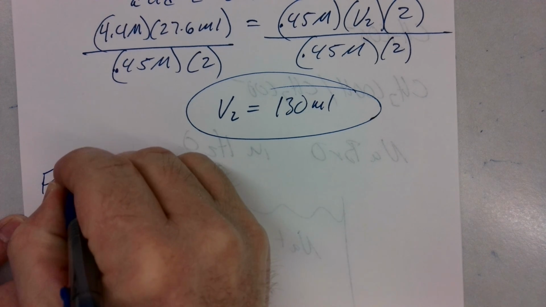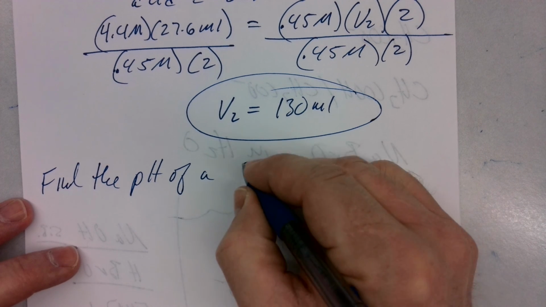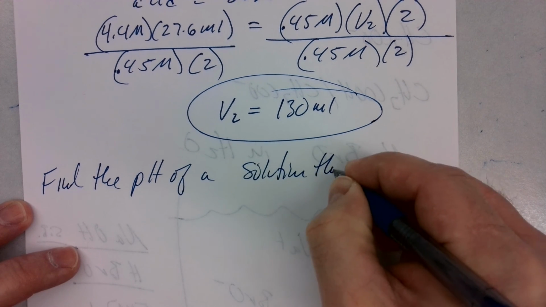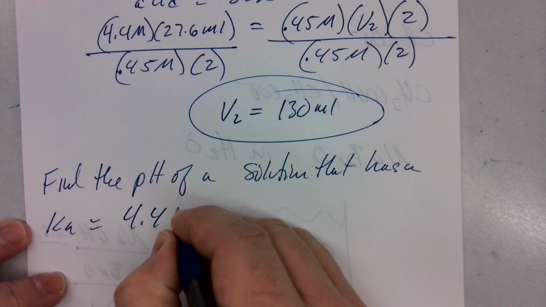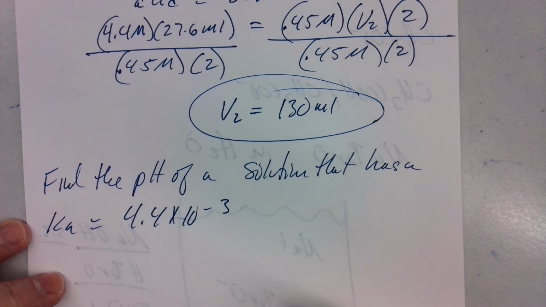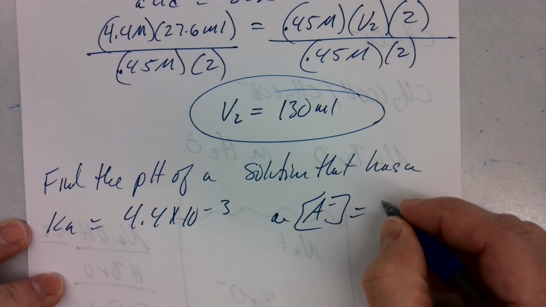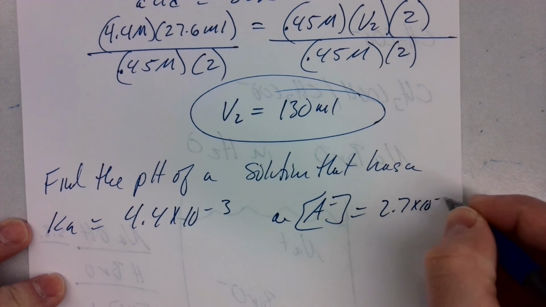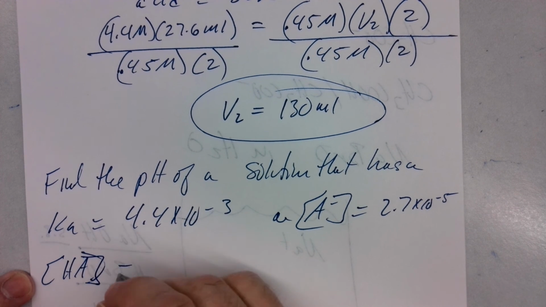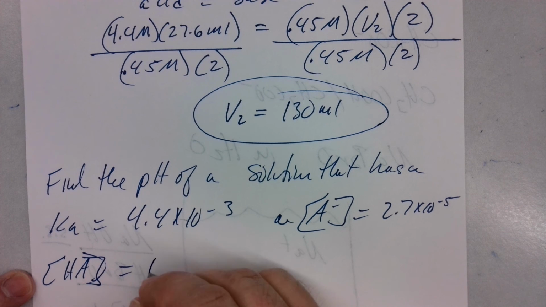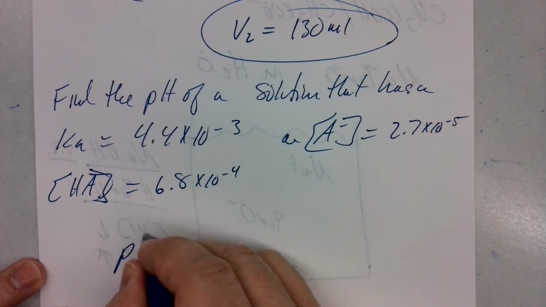So find the pH of a solution that has a Ka equal to 4.4 times 10 to the negative third, A negative equal to 2.7 times 10 to the negative fifth, and HA equal to 6.8 times 10 to the negative fourth. Give me a pH.